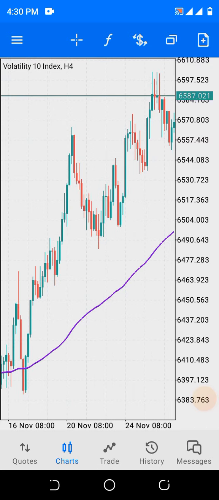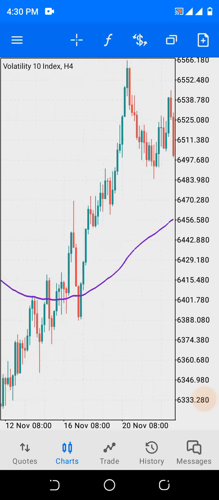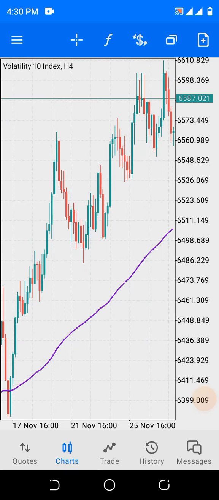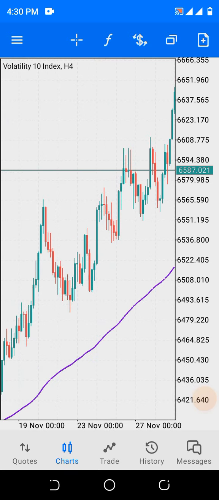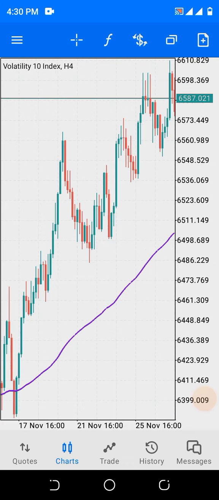Now what I want to show you is the things to observe, what you need to pay attention to before making your entry. Once you identify a trending market, like in this case, there are 2 points, 2 higher lows.